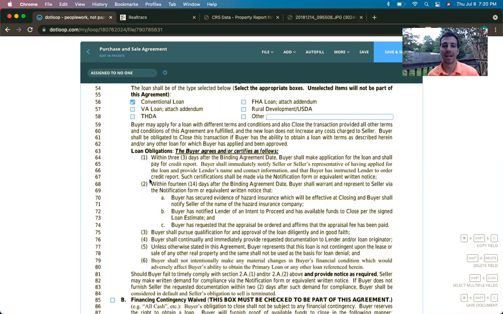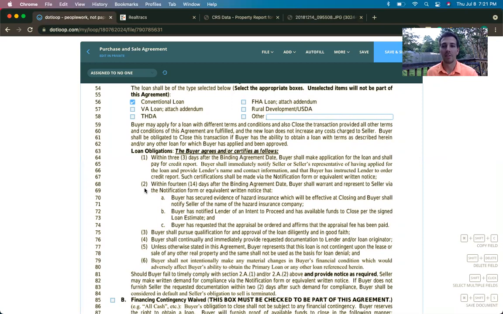This is just saying the buyer has the option to do that if they want, and they can try and get a loan and still close on the same closing date. So again, the buyer is not required, if they get denied by the first lender, to go out and find a new lender and a new loan. So just want to clear that up.